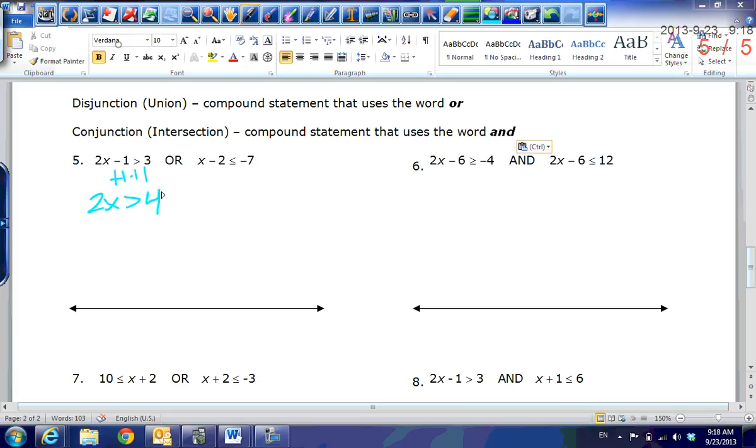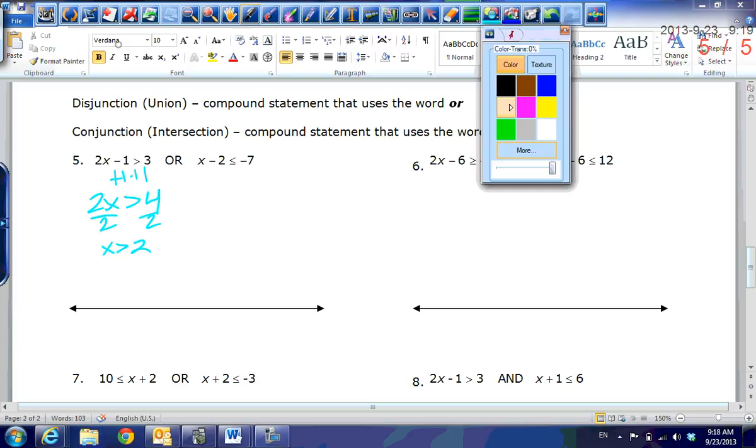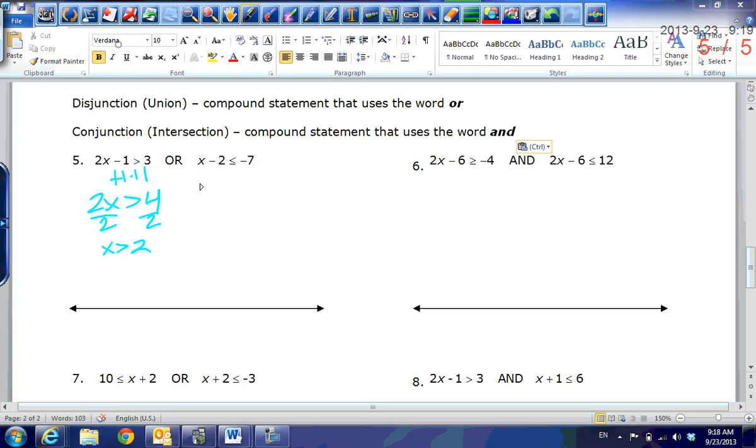So what must x be greater than? Divide both sides by 2, so that means x is greater than 2. Cool. What about our other one? I add 2 to both sides, right? So x is less than or equal to negative 5.